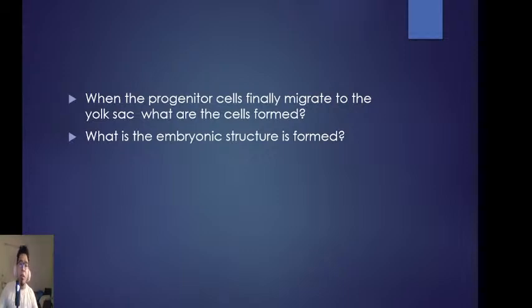So not all cells in the body are capable; normally, not all cells would be able to proliferate. I'm talking about cells in hematology. So please be mindful of those things.